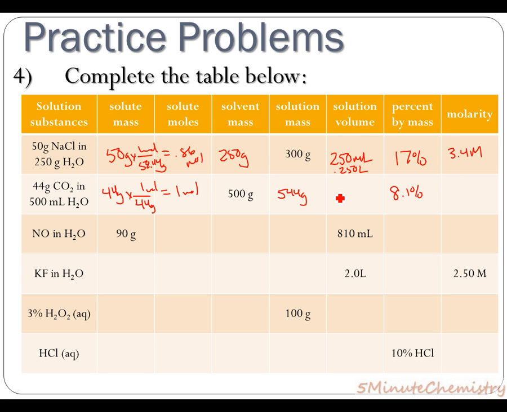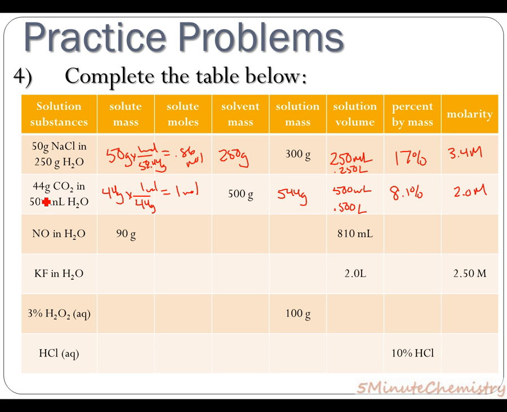So the solution volume is going to be equivalent, because it's a water-based solution, to the mass of solvent. So convert these grams into mils and we get 500 milliliters. In order to find molarity, though, we have to convert that to 0.500 liters. 1 mole divided by 0.500 liters gives you a 2.0 molar solution.